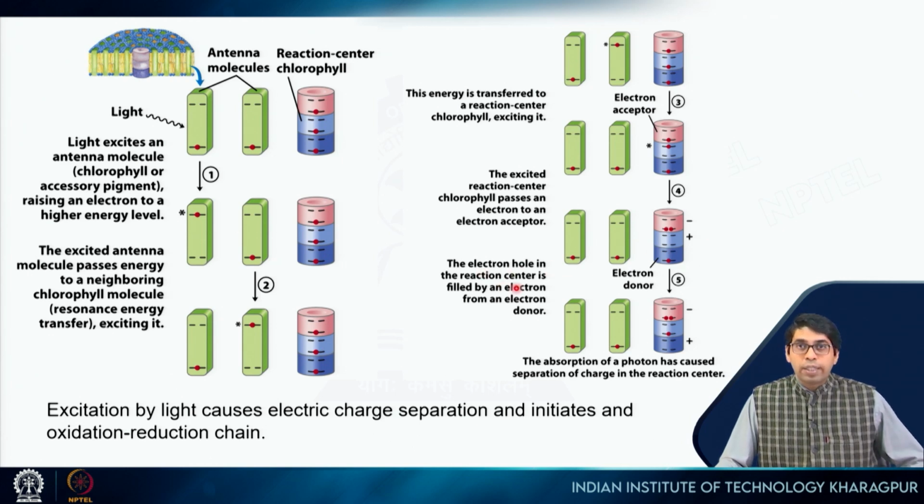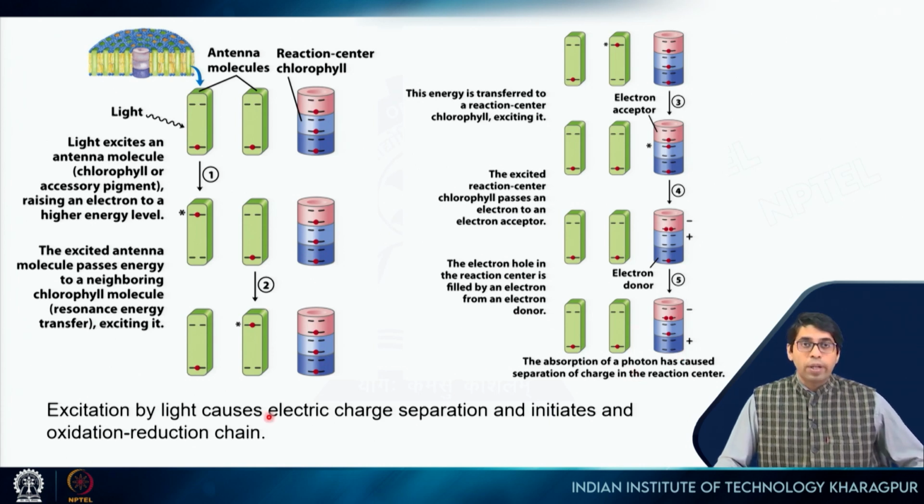The electron hole in the reaction center is filled by an electron from an electron donor. So there will be an electron donor which will pass the electron. We will see what the electron donor is. Ultimately the electron acceptor will be NADP plus, where this electron is passed on, and the electron donor will be water, where it will split and produce oxygen, okay.